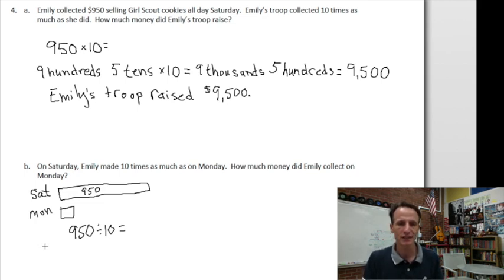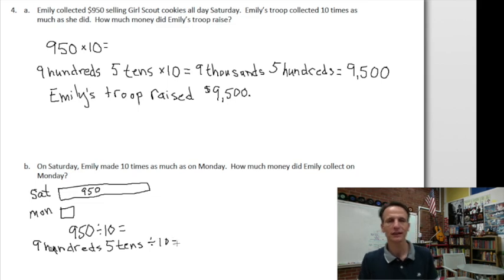So let's write this out the way we did up top. We have 900s, 5 tens, and now we're dividing it by 10 to find Monday's. Well, we already did this, right?